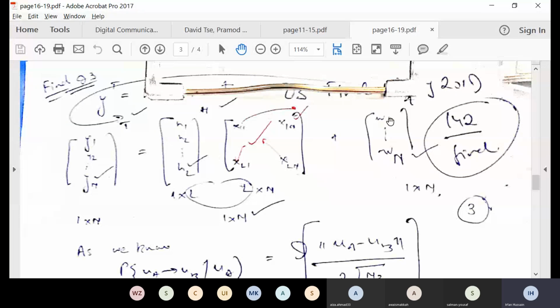Do you understand? N0, or it is CN. C is for complex, remember? And what will be your answer? A complex random variable. Very good.